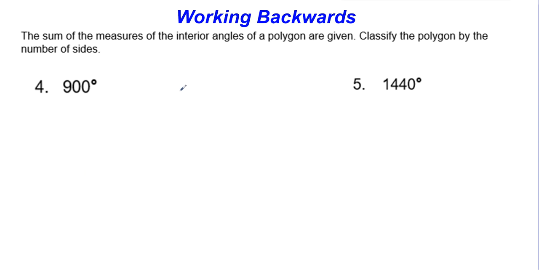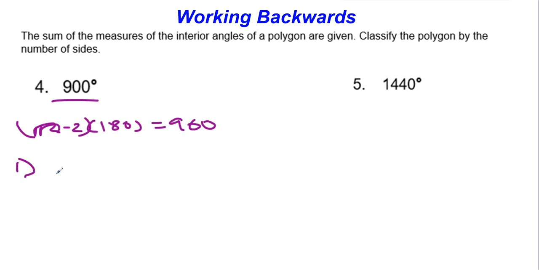So working backwards, what we're going to do is give you the sum of the interior angles, and you're going to work backwards to classify it by its number of sides. So remember, our formula is n minus 2, that's an n, times 180 is equal to the sum, which is 900. So step number 1 is you're simply going to divide by 180.